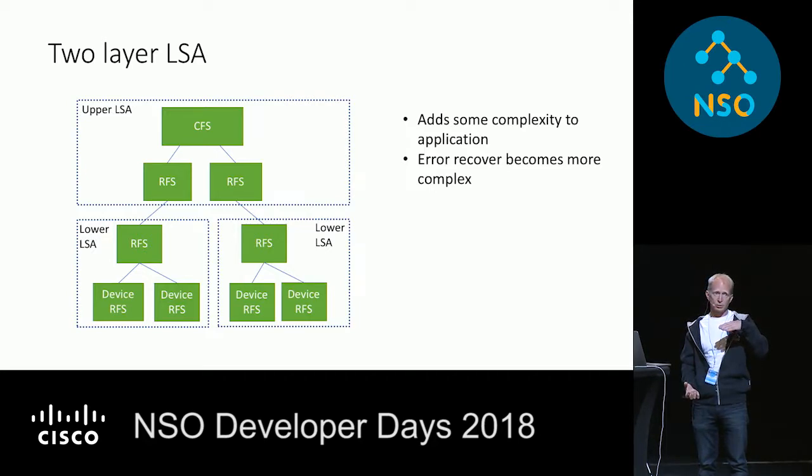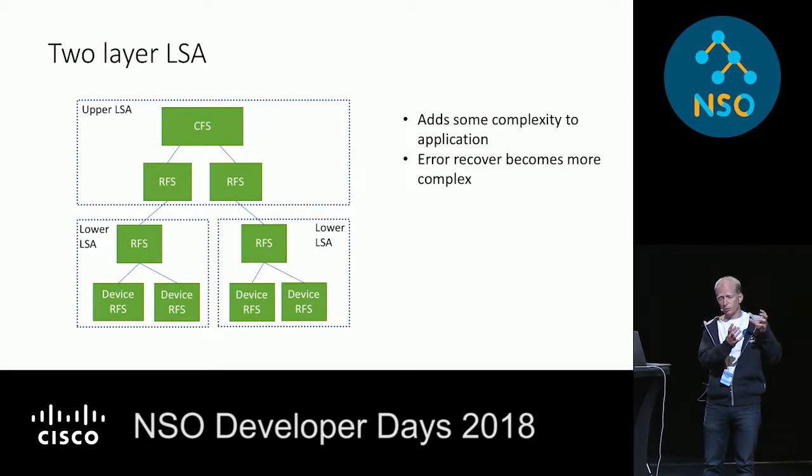I know that the team in San Jose have designed some of our core function packs to work like that. You can have local nodes if you're running the service pack on just one NSO instance, and then gradually migrate to an LSA design where you have some of the nodes running on a lower LSA node.